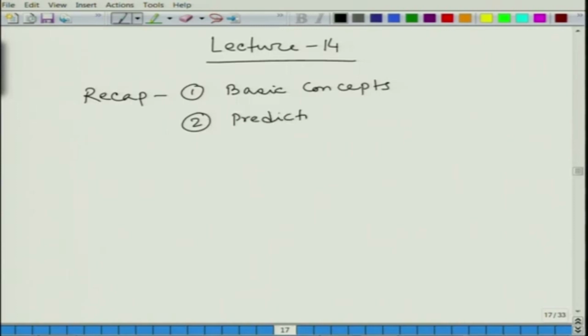So, first we covered basic concepts, then prediction of solar radiation.